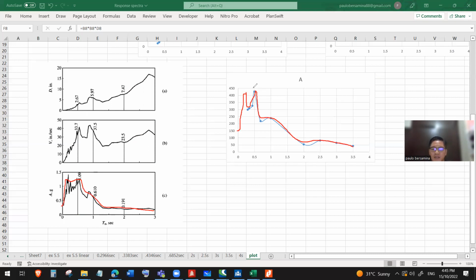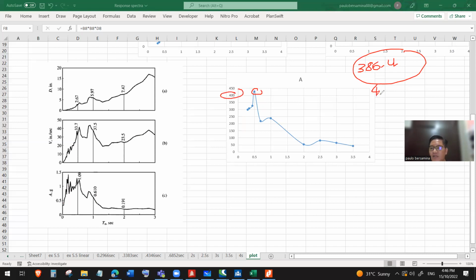So at least nakikita nyo no, na that's really almost 1G, 1 to 1.1G. Why? Because, di ba, our 1G is 386.4, di ba? That's our G. So I'm getting here, pumalo ako ng 400 plus.